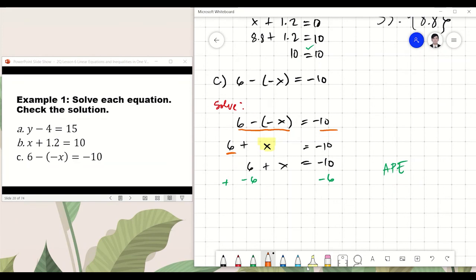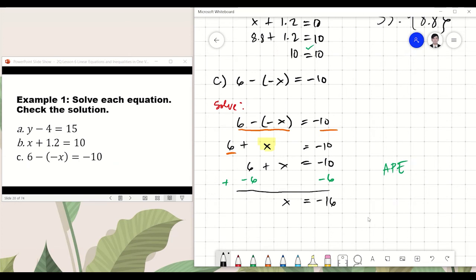Kasi wala naman siyang variable x. It's in a different term kasi meron tayong plus between x and the 6. So pag tinanggal natin yung entire term, APE yung gagamitin natin. So magiging x is equal to negative 16.